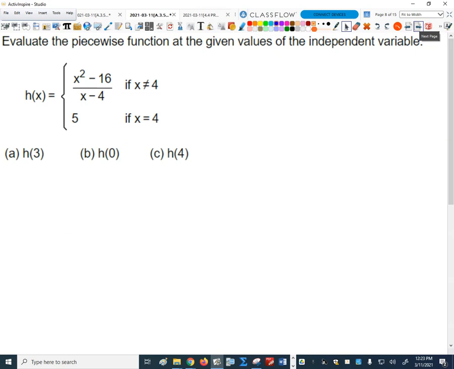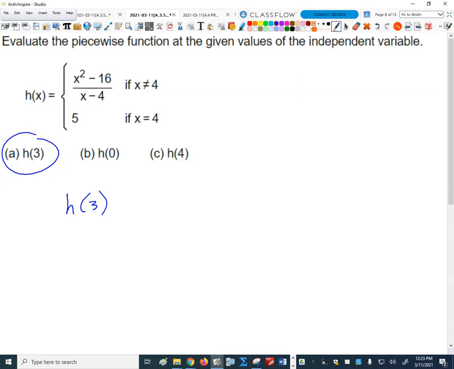Okay, so we got another piecewise function with two pieces. There are two rows to this. Okay, so let's look at h of 3. Top or bottom?